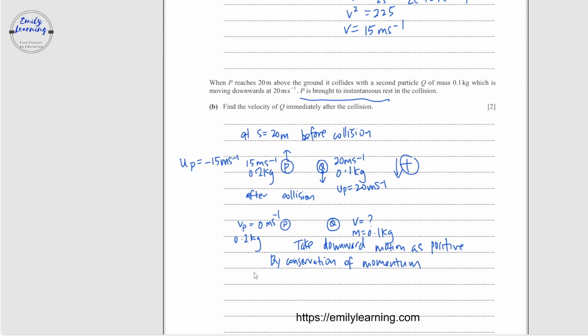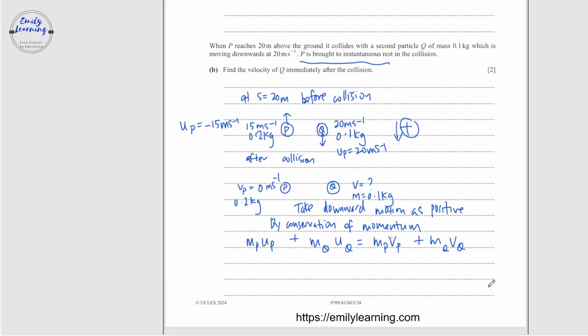So I know that mass of P times initial velocity of P plus mass of Q times initial velocity of Q must equal mass of P times final velocity of P plus mass of Q times final velocity of Q, by conservation of momentum. So the sum of momentum before and after must be equal.